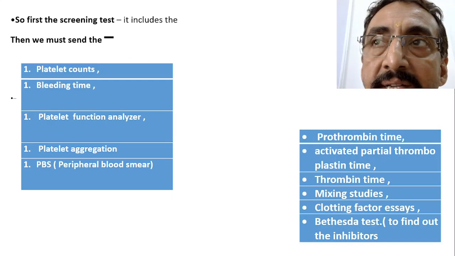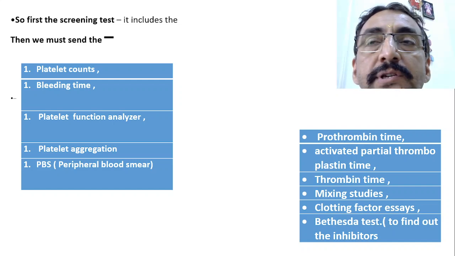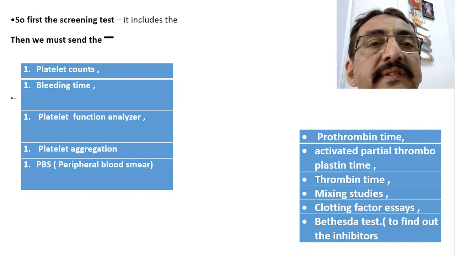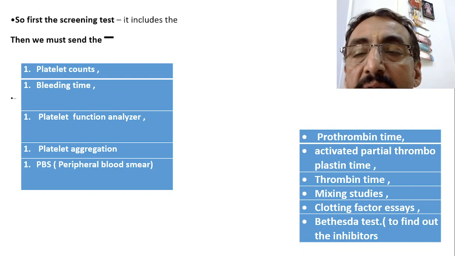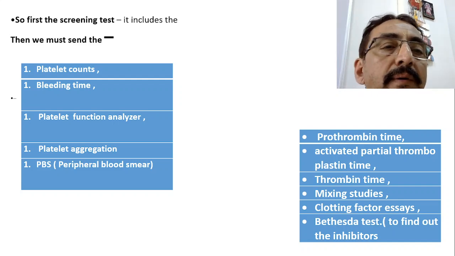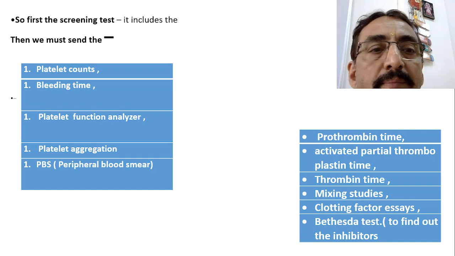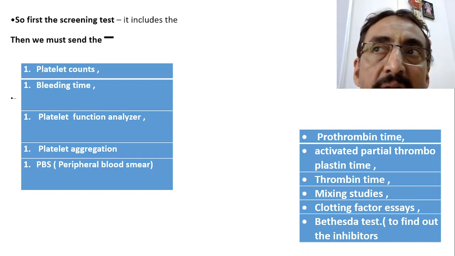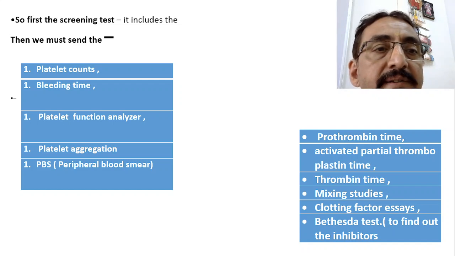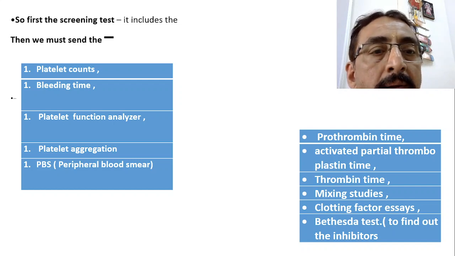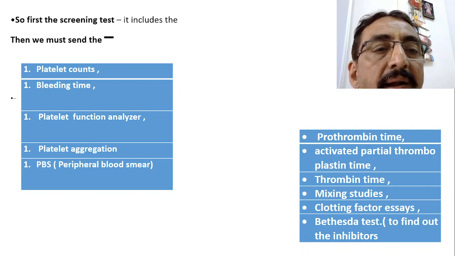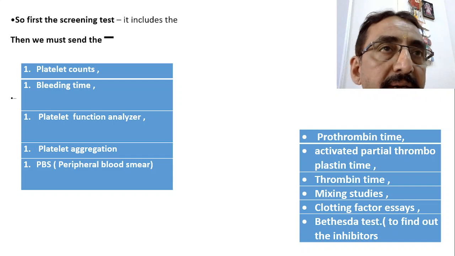So in all such conditions, once we have got the approach, now we have to go for the screening tests. What are the different screening tests involved? From the platelet point of view, in order to diagnose platelet disorders at the earliest: platelet count, bleeding time, platelet function analyzer, platelet aggregation, and PBS, peripheral blood smear.